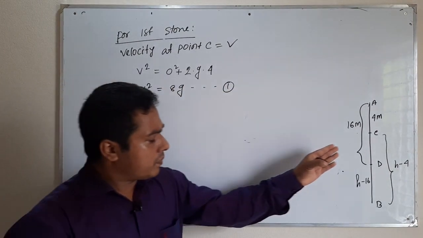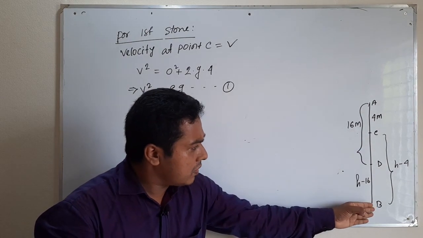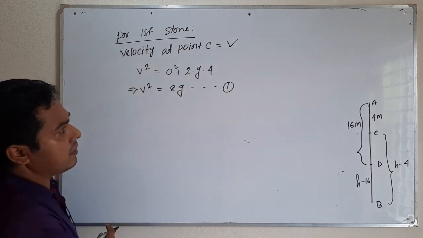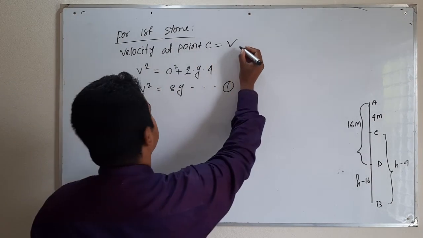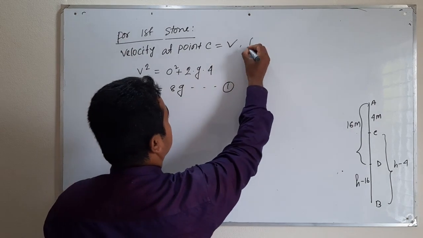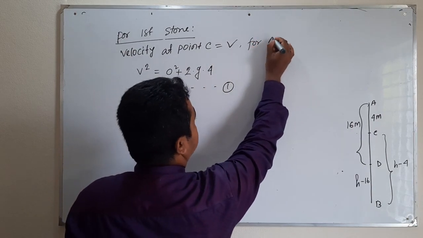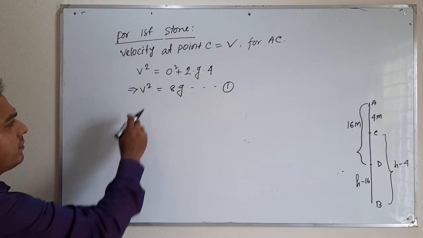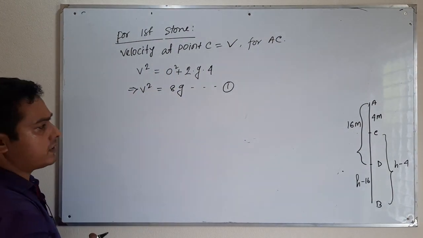Now for the first stone for BC, the initial velocity at point C is V, and V square is equal to 8G.